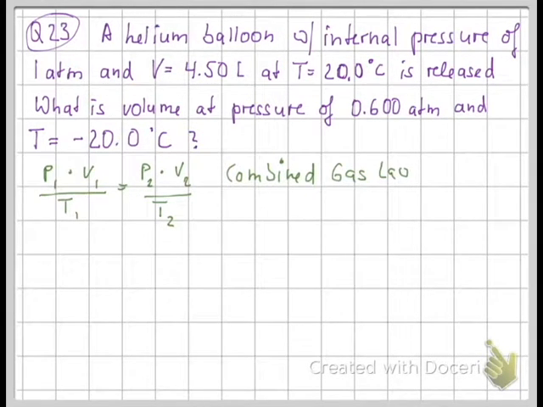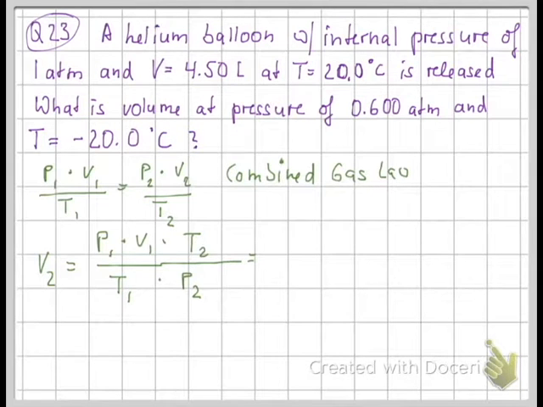What's the volume? We want V2 essentially. So we have to solve that for V2, move all the other stuff over, leave V2 by itself. So that's P1 times V1 divided by T1. And then we have to divide by P2 and multiply by T2 equals.